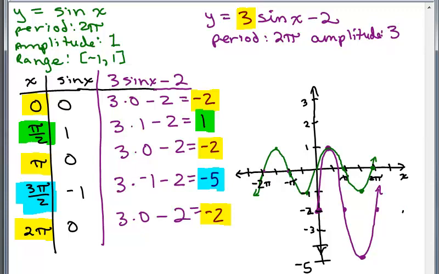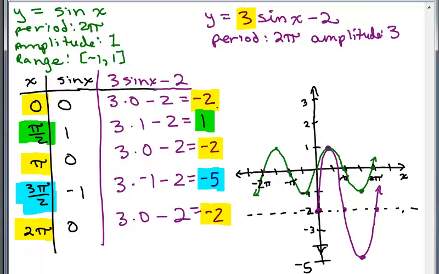It's almost like if this were your x-axis, it would just look like y equals 3 sine of x. That's what some people do. They put a dotted line and pretend that's 0, 0, go over 1 and up 3, etc. So they get those ordered pairs. But in any case, these are the actual ordered pairs you see over here.